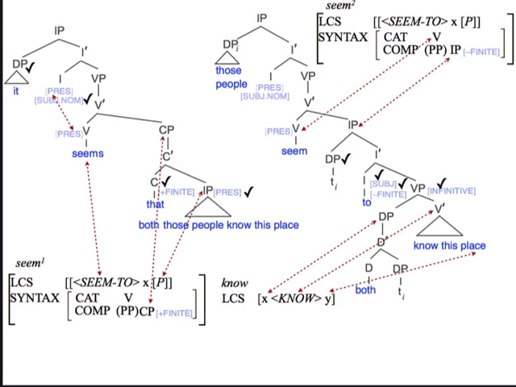And then, because we've got the structure that we've got, the movement of those people is necessary. But actually, we could also do this with both those people, couldn't we? Both those people seem to know this place would be fine as well. But what's cool is you can leave the both behind without getting any different meaning whatsoever, right? That means the same thing, right?